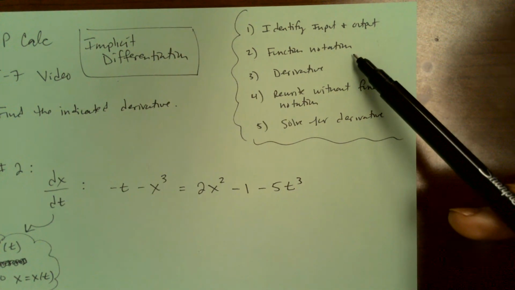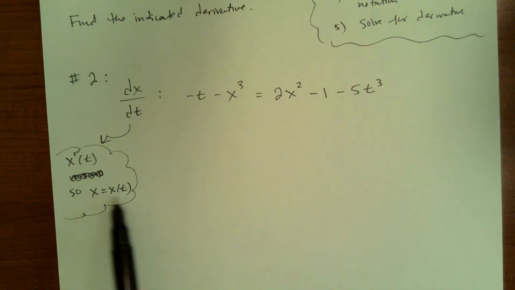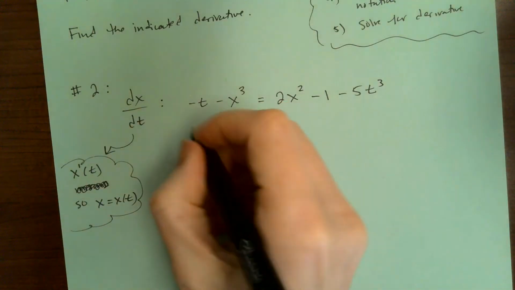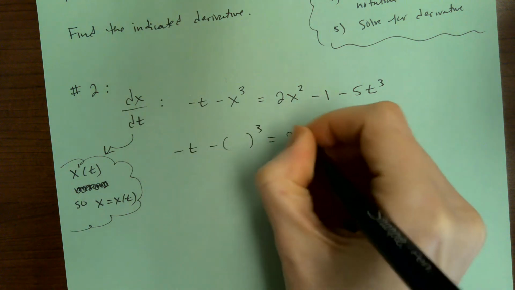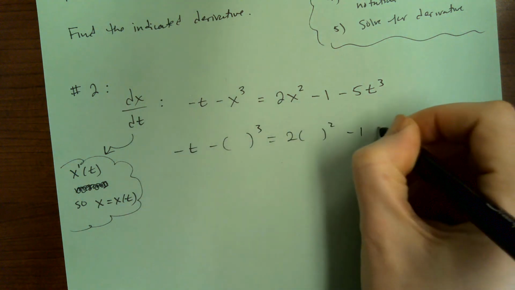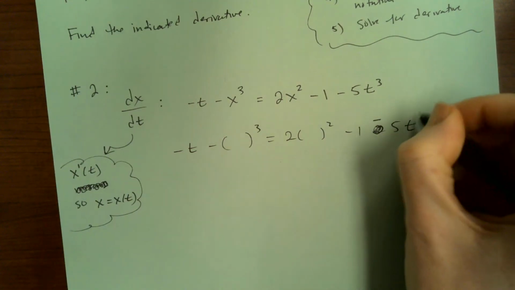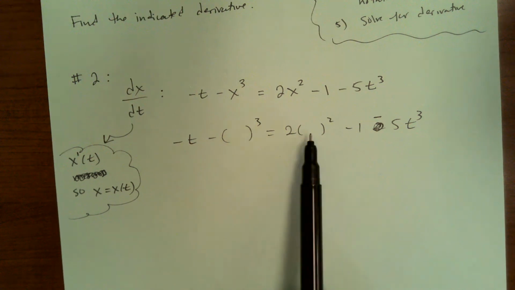Now I'm going to convert to function notation. So x is equal to x of t. So wherever I had an x before, I'm going to leave a blank. So blank to the third equals 2, blank 1 equals 5t. Not equals, minus. Okay, now in these blanks, there used to be an x.